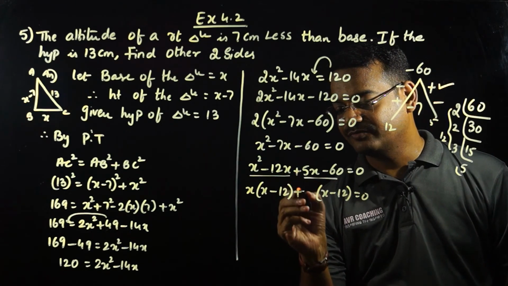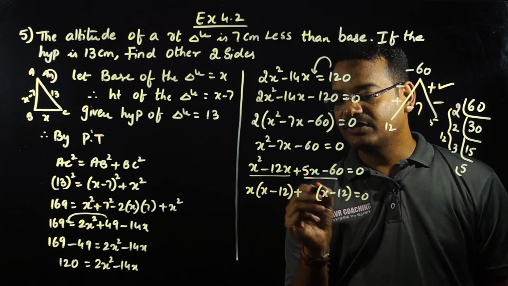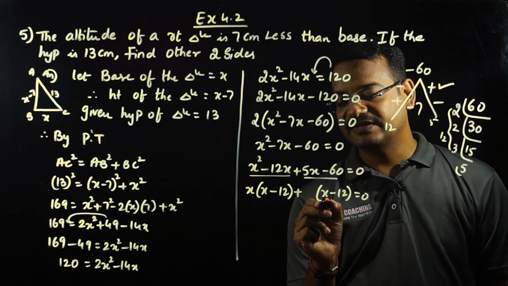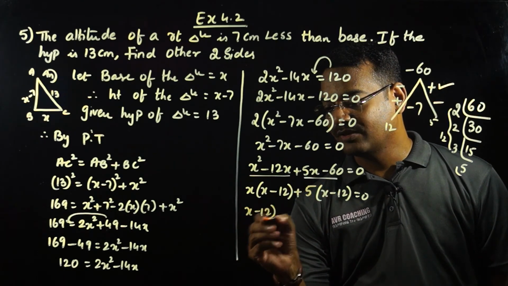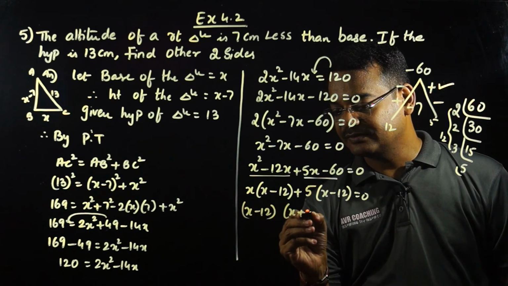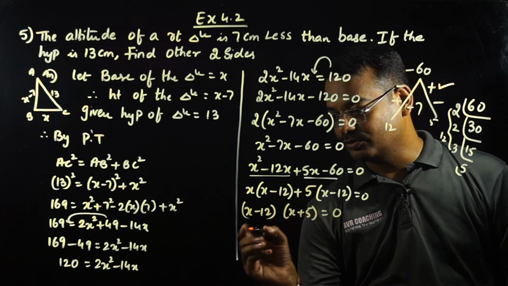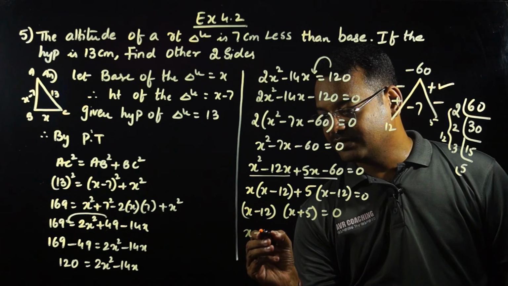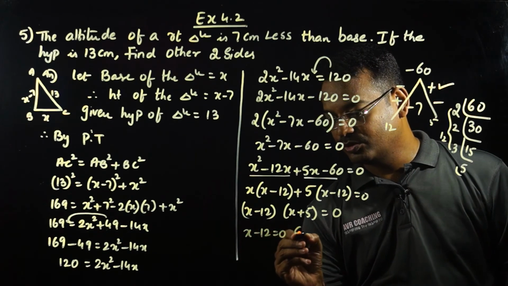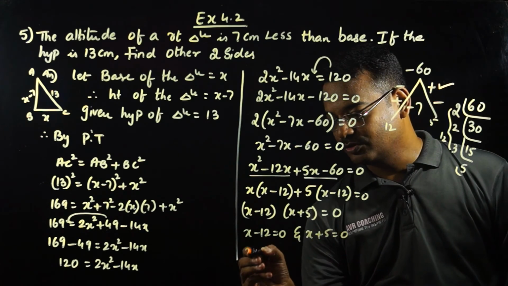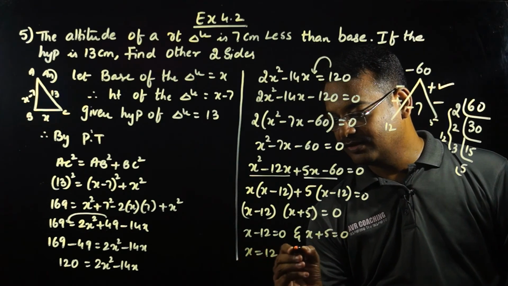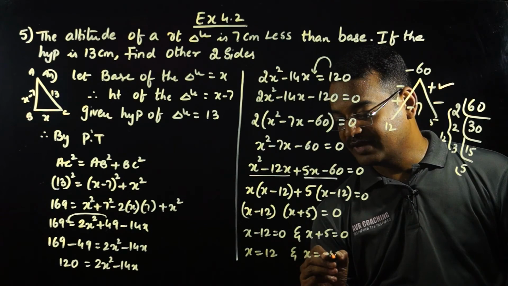The middle term is plus, and we already got x inside the bracket, so we are only left with 5. So this is x minus 12 and x plus 5 equal to 0. This will be x minus 12 equal to 0 and x plus 5 equal to 0. This is x equal to 12 and x equal to minus 5.